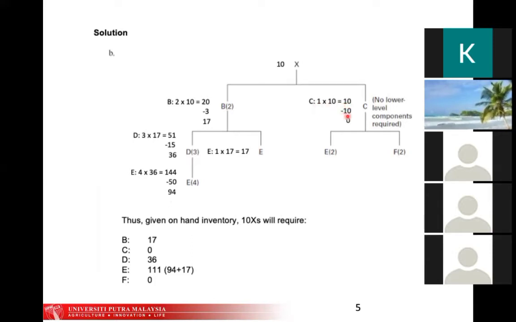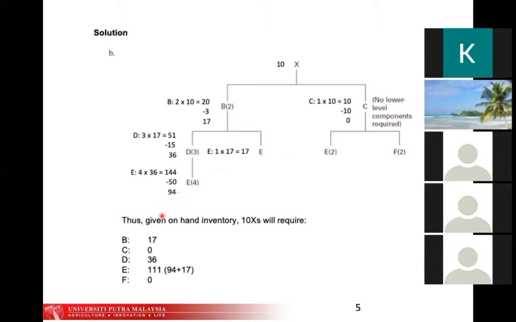Quantity on hand is 10, so it will be 0. So E and F need no further calculation, as no lower level component is required.